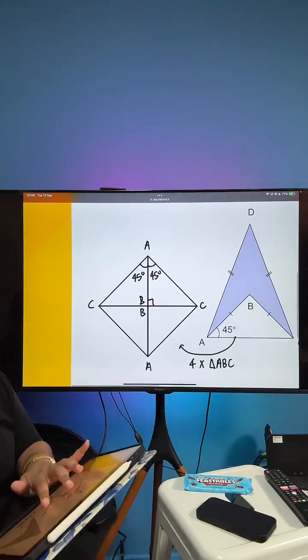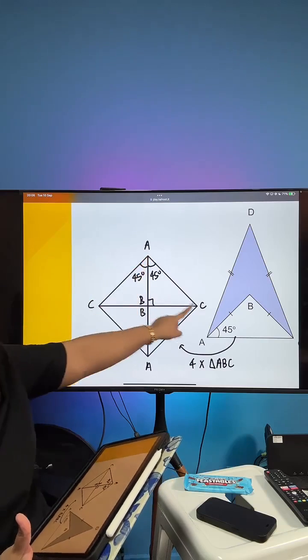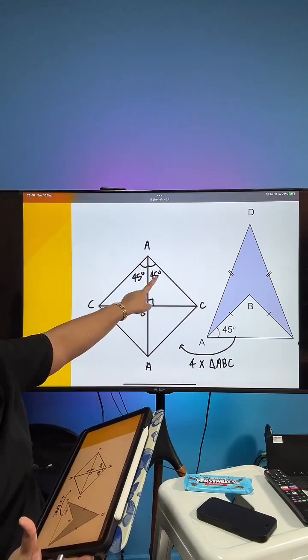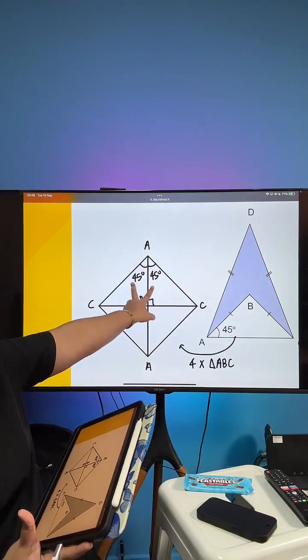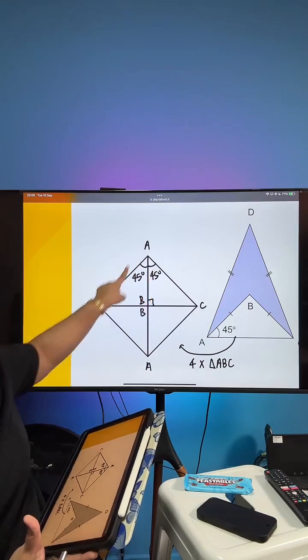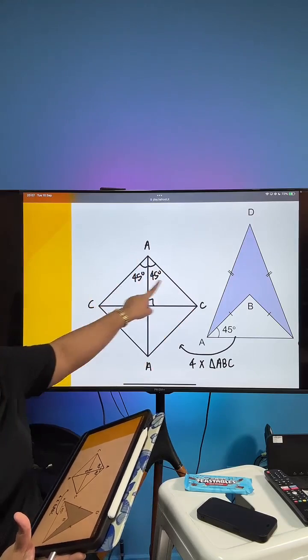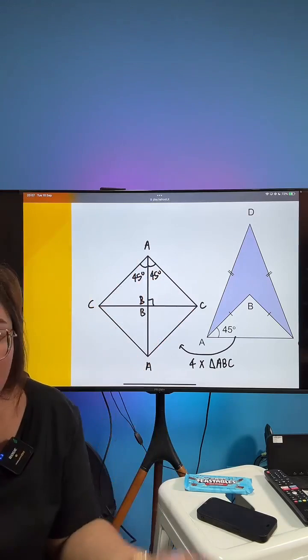But from 225, here's where the angle 45 degrees comes in, okay? I am going to rearrange ABC and make it 4 times to form a square, because ABC is actually an isosceles triangle with each angle being 45. So if I put 2 together, I will get 90 degrees, 90, 90, and 90. And here I will get 4 sides of AC. Hence, I will get a square.